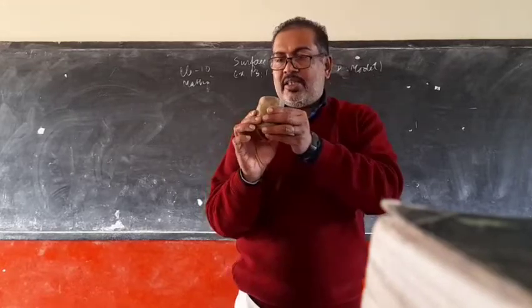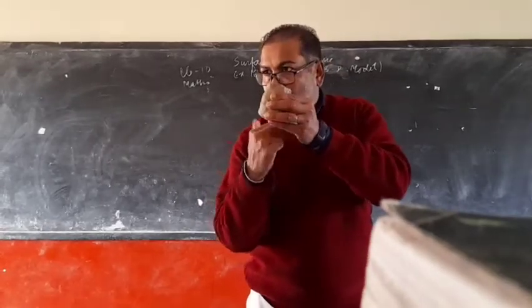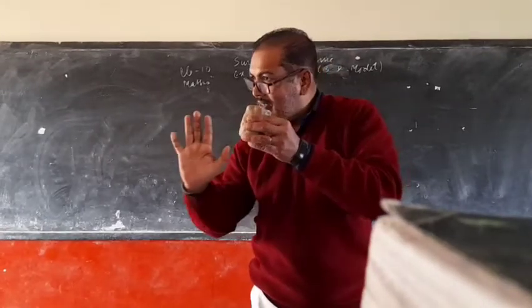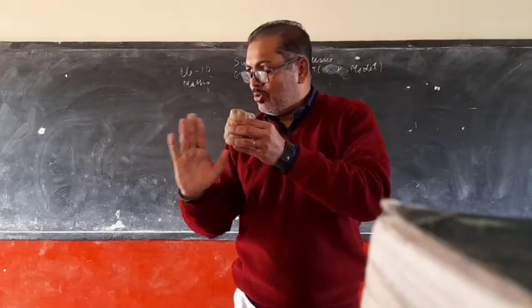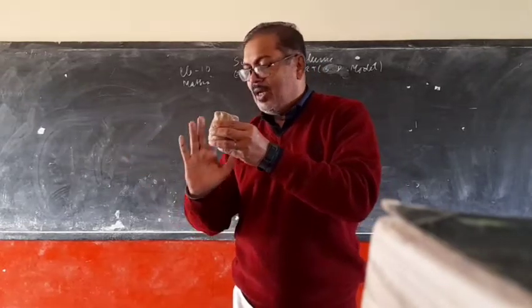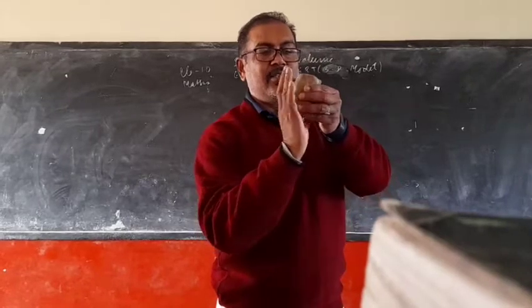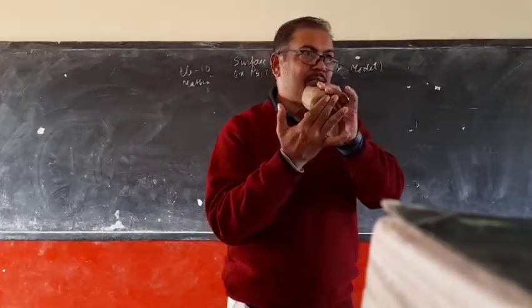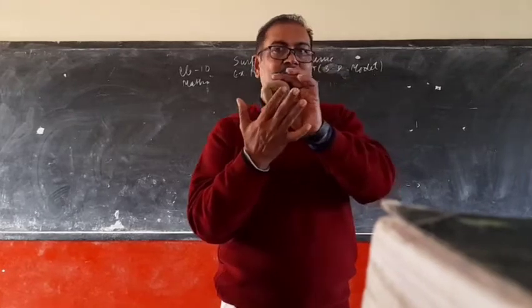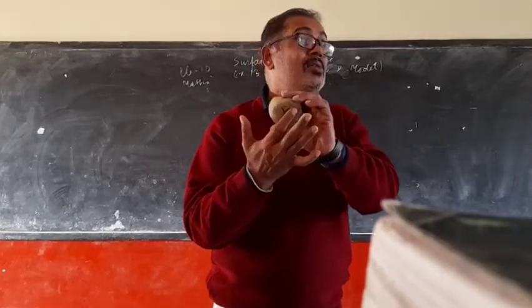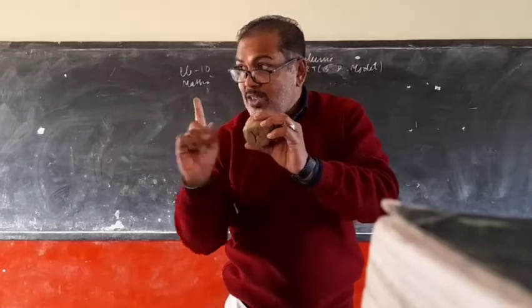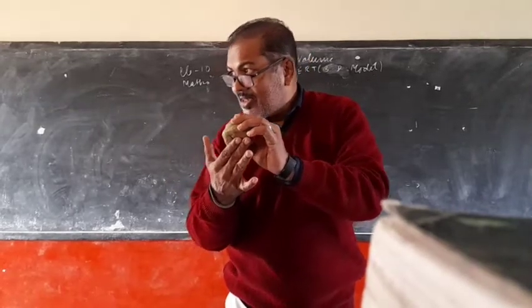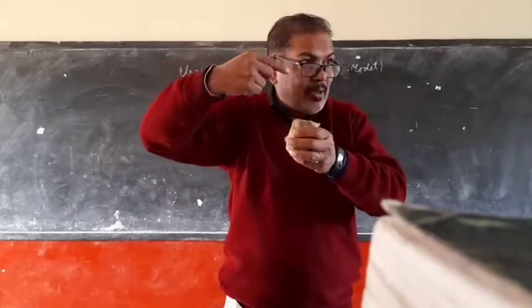For total surface area, the lateral surface area of that cylinder is intact. No change has happened in it. So to find out the total surface area, that is equal to lateral surface area of cylinder plus one circular base of the cylinder, because from the other base the cone has been cavitated.